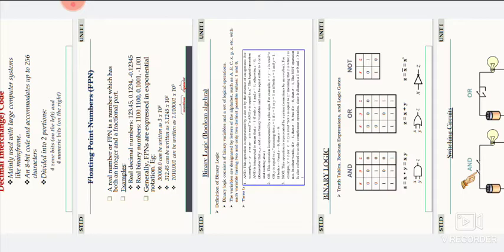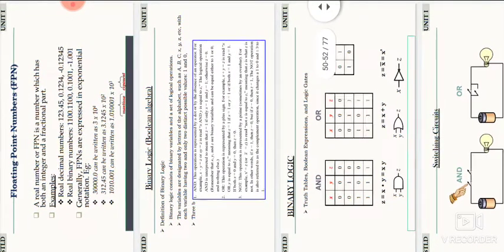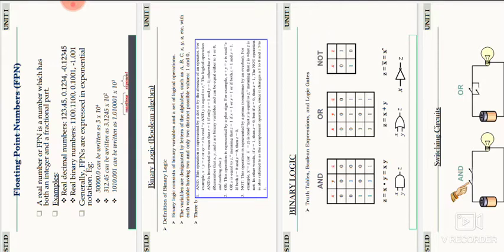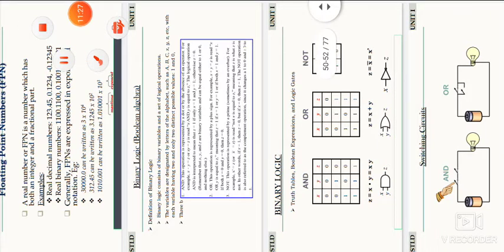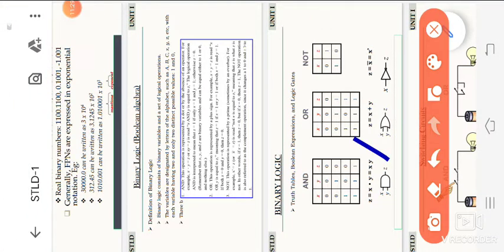The next one is Boolean logic, that means binary logic. Observe the AND gate. This is the AND gate circuit diagram, and this is the truth table for the AND gate. The AND gate performs the multiply operation. Another definition: when both inputs are high, the output will be 1.